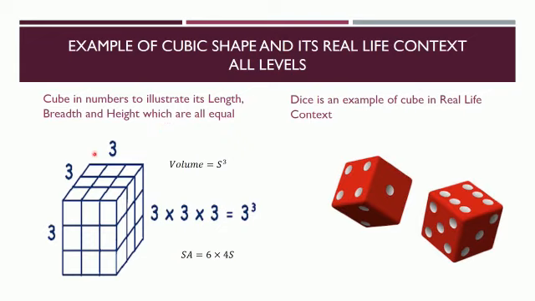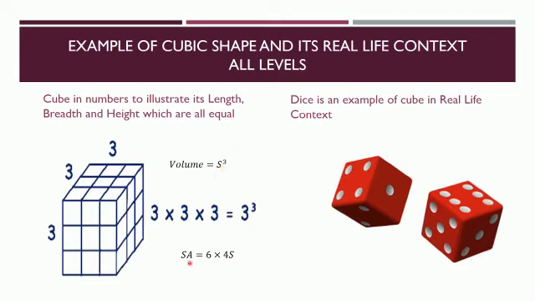If you look at the length, it's got 1, 2, 3 blocks, and the breadth 1, 2, 3 blocks, and the height 1, 2, 3 blocks as well. Hence we have 3 multiplied by 3 multiplied by 3, which is 3 cubed, which is our volume. So our volume is S cubed.